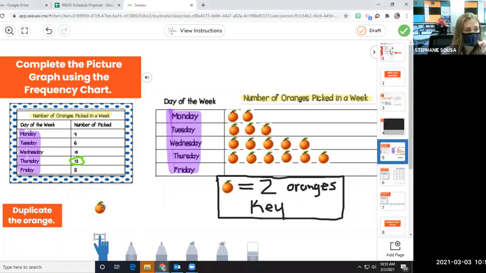I need 4 pictures on my graph to represent those 8 oranges. So I'm going to place, ooh, what row? I'm going to place my 4 oranges in my Friday slot. And because I have a key counting by 2, I know that that represents all 8 oranges.